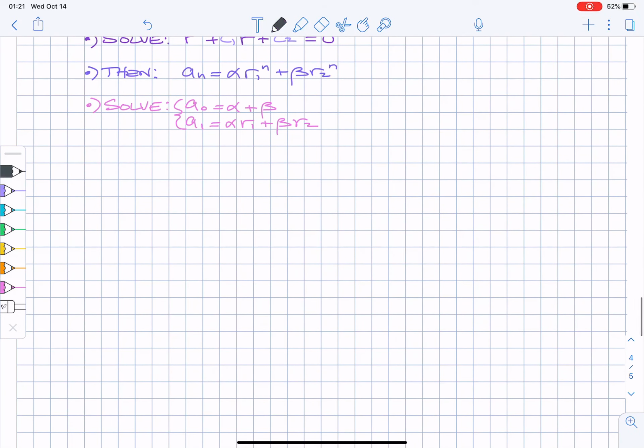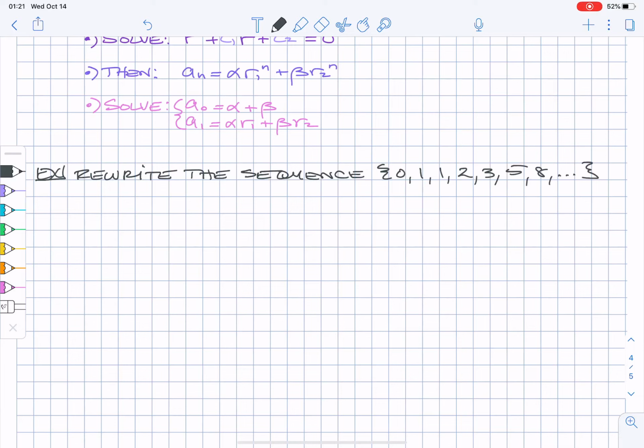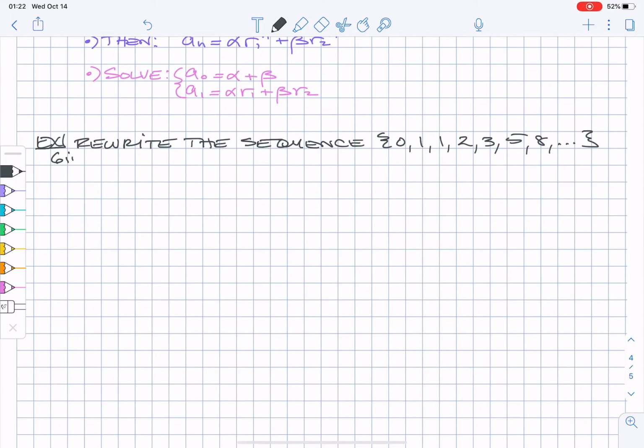So let's see this. So for example, rewrite the sequence 0, 1, 1, 2, 3, 5, 8, given recursively as A sub n is equal to A sub n minus 1 plus A sub n minus 2, in explicit form.